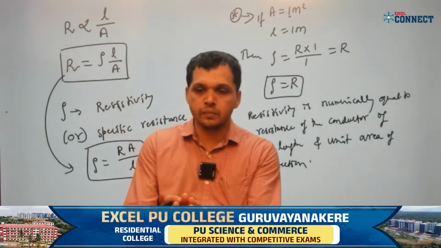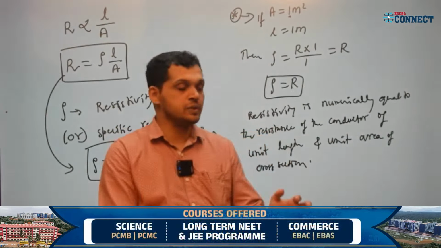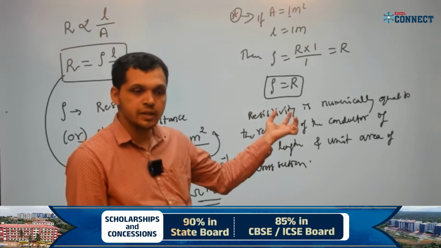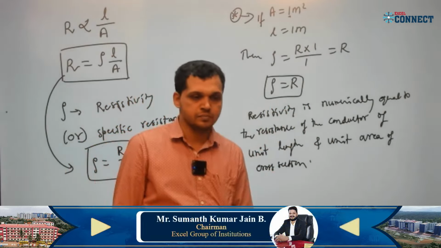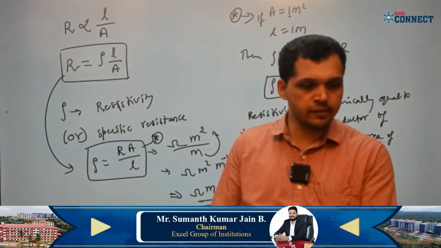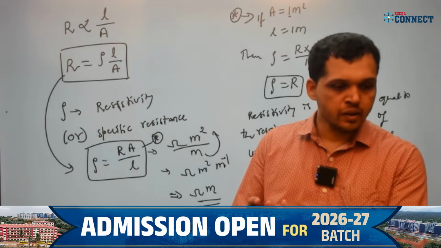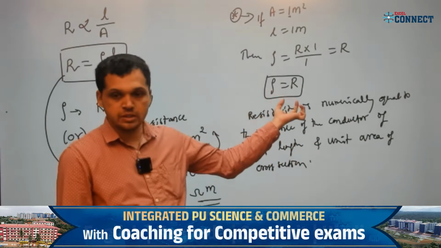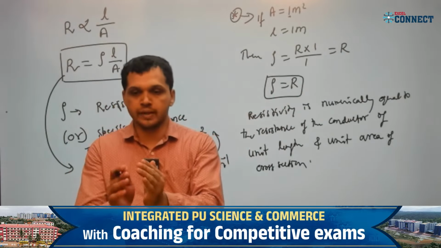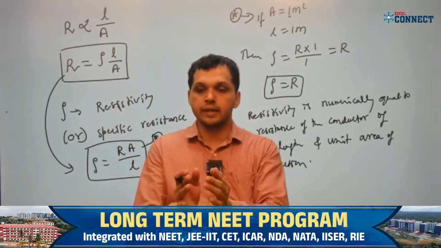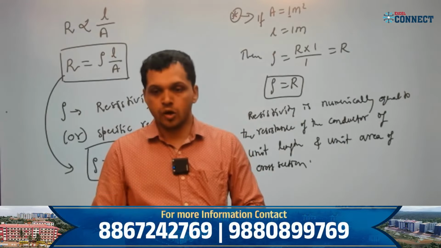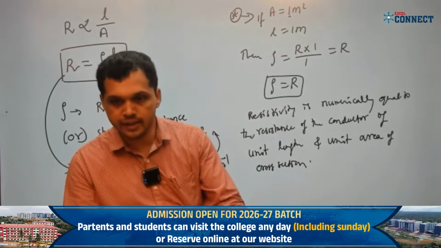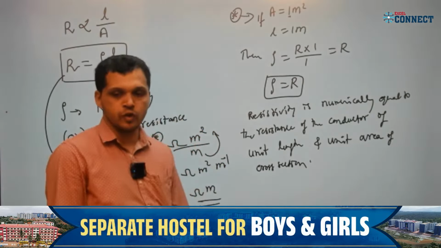Now students, can you tell me whether electrical resistivity is constant for a given conductor or constant for a material, or it changes from material to material? Any students, can you answer me? Resistivity, whether it is a constant for a given material. Suppose for example you take a copper wire of length 1 meter, copper wire of length 2 meter, copper wire of length 3 meter, or any area of cross section.